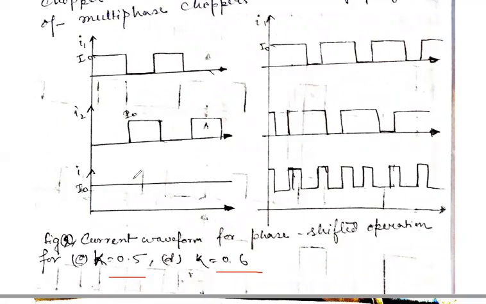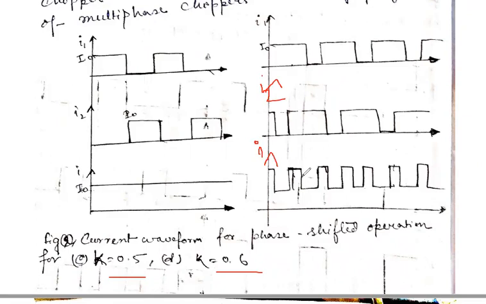But for 60% duty cycle, we see that the supply current I, this is I and this is I2, is continuous but with a pedestal of half load current.